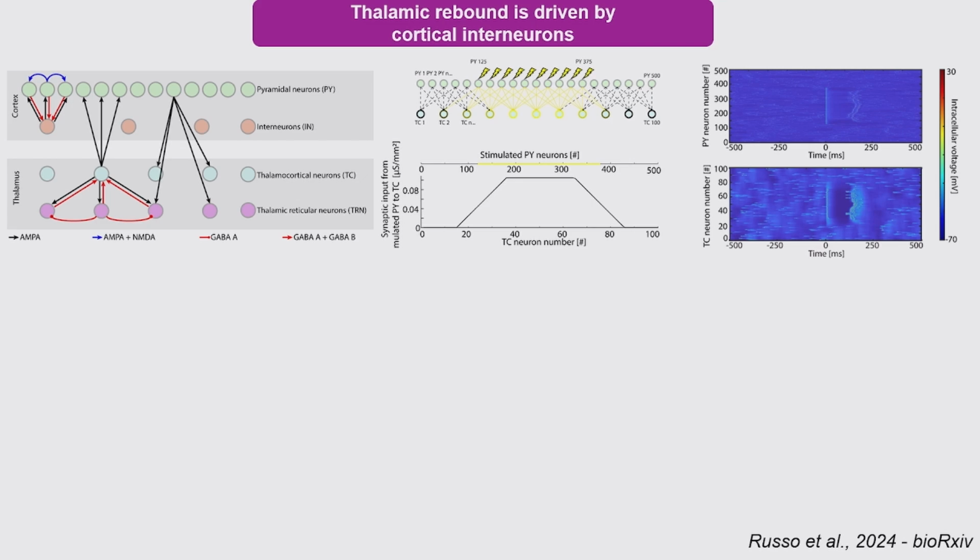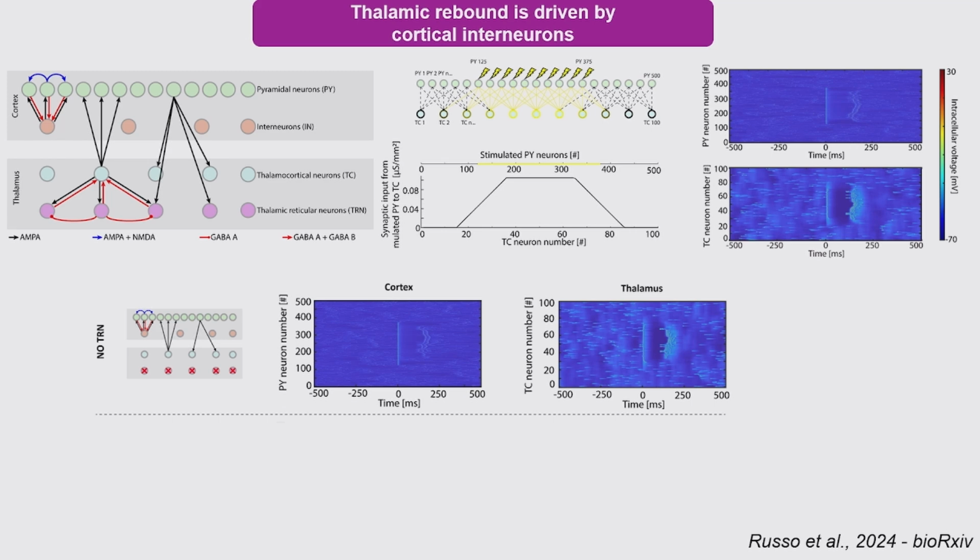These are the results from the stimulation of this model when they inject the input into the pyramidal neuron. And as you can see, there are interneurons, thalamocortical neurons, and reticular neurons. To measure what level of this model is important for shaping those responses, they created some virtual lesions.